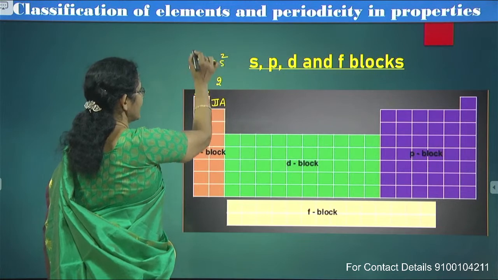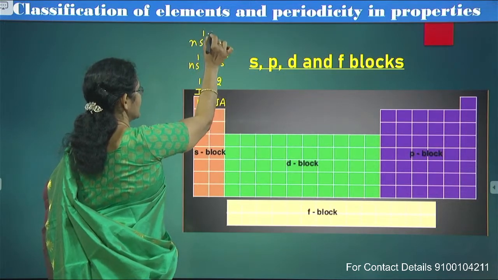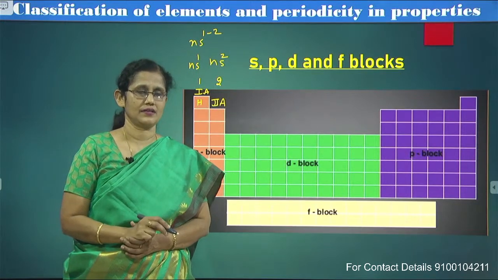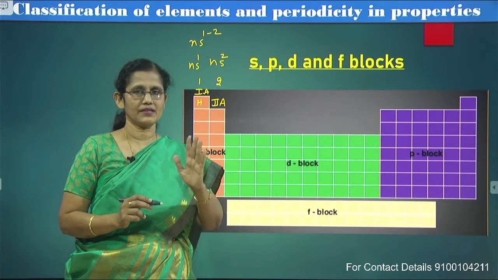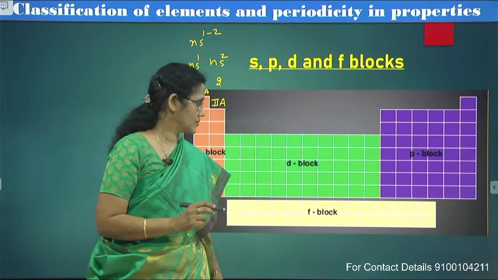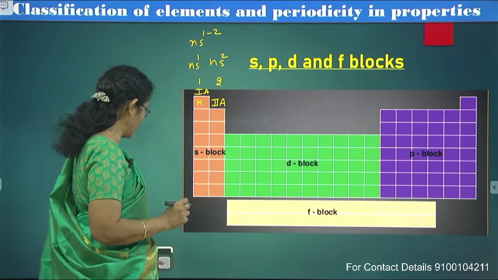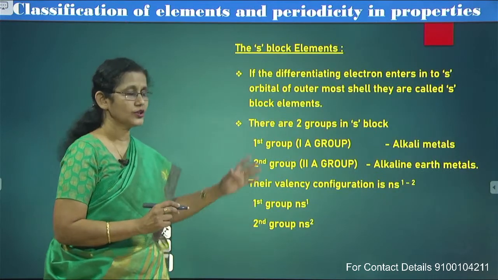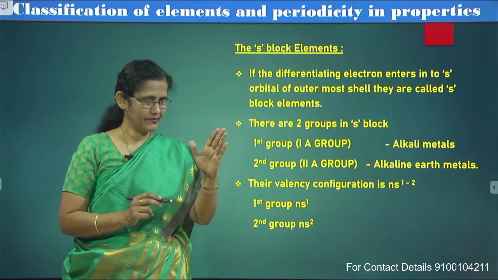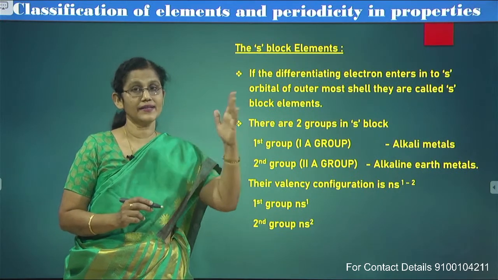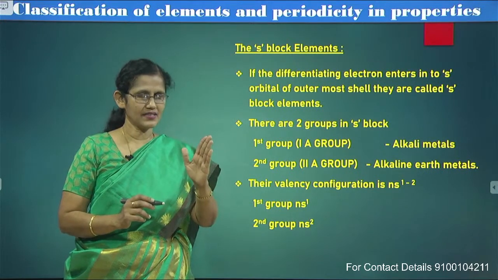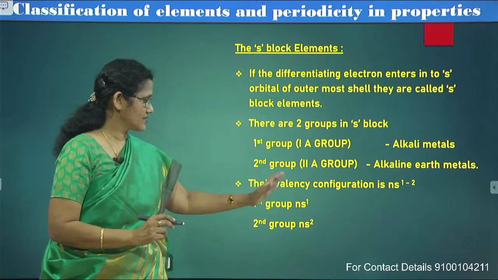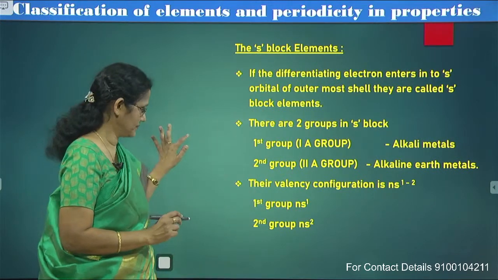So, overall we write ns1 to 2: the valency configuration of first group elements is ns1, second group elements ns2, right. There are 2 groups in this block. First group elements are called alkali metals, we omitted hydrogen. Second group elements are called alkaline earth metals, right. So, their valency configuration is ns1 to 2.